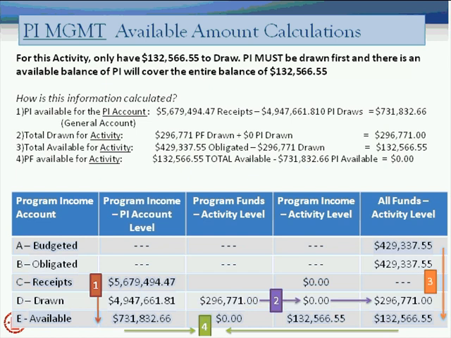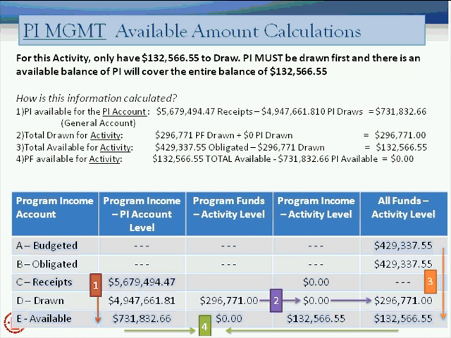Okay, so let's walk through that again. We have total program income available from the general account of $731,832.66. The total drawn for this activity, the program funds plus the program income, is $296,771. Then we figure out what's actually available for this activity, which is the budget.